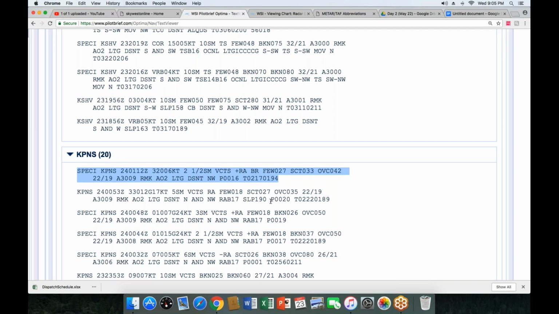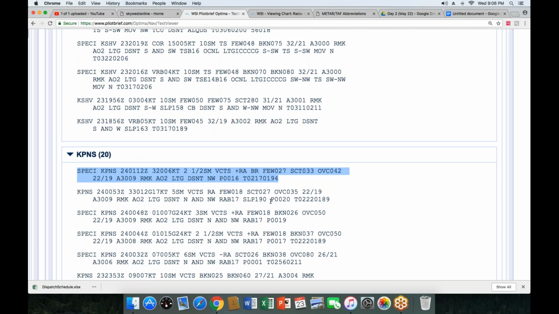Not quite sure. Oh, 2.5 statute mile visibility. Then you've got vicinities of heavy rain and fog. A few clouds at 2,700 feet. Scattered clouds at 3,300 feet.